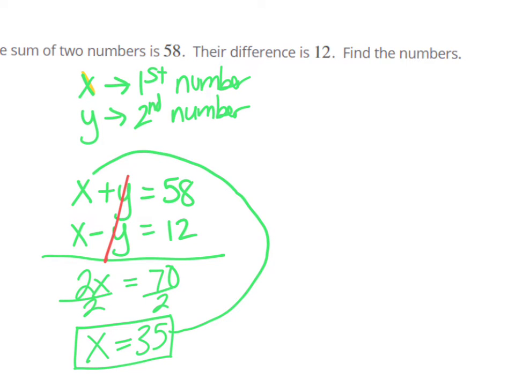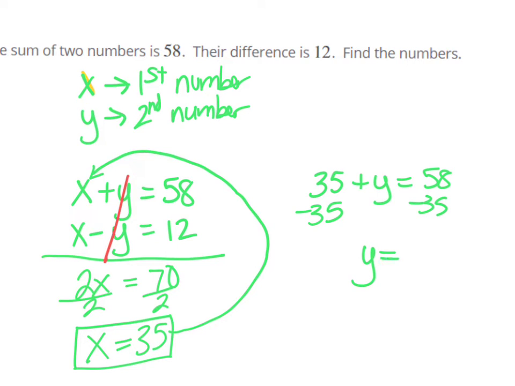And since that's an x, we can plug it in right there. I could plug it into the bottom one as well. I guess I'll go ahead and just plug it into the top one. And so 35 plus y is equal to 58. And then I solve for y by moving the 35 to the other side. So my second number must end up being 23.